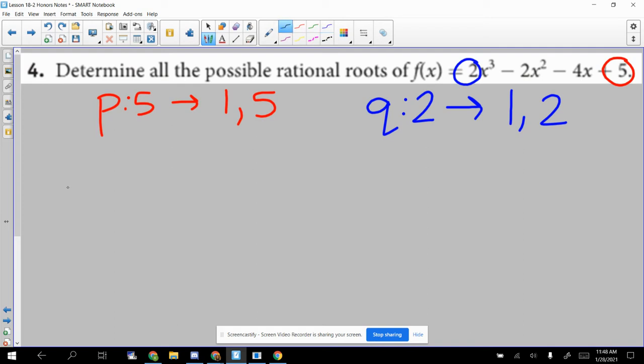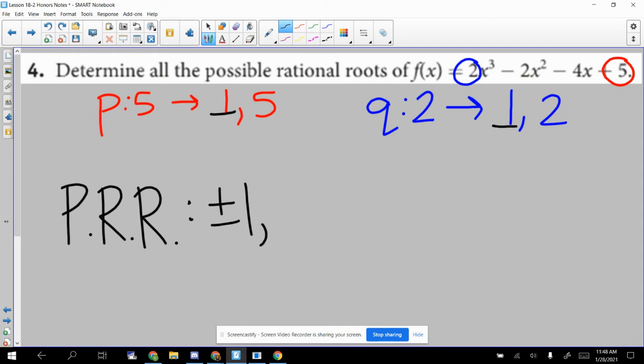Okay, so now we're going to come up with our possible rational roots. And those would be plus or minus 1 over 1. So that's 1. Plus or minus 1 over 2, so 1/2. Plus or minus 5 over 1.